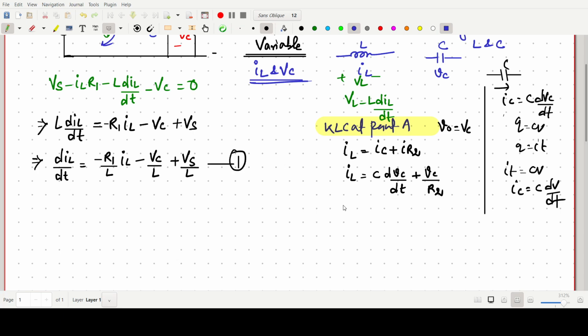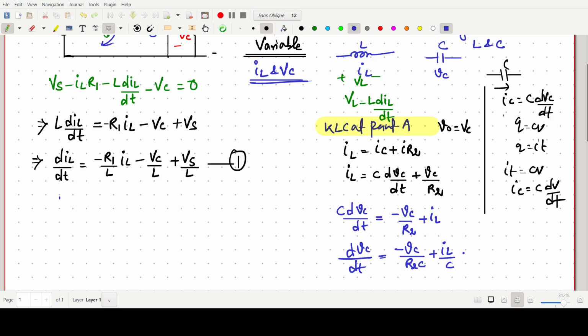So write, in terms of C, dVc by dt equals to minus Vc by R2 plus IL. We can say this one is one more equation. I am writing dVc by dt equals to minus Vc by R2C plus IL by C, plus 0 times of Vs, no Vs term, so we can write it simply.